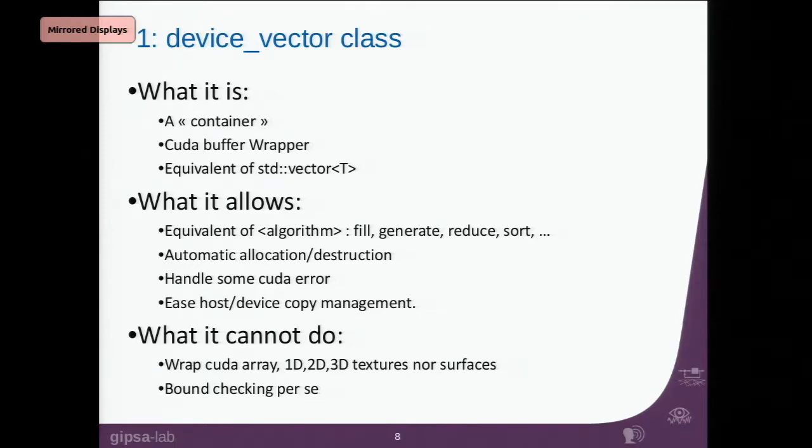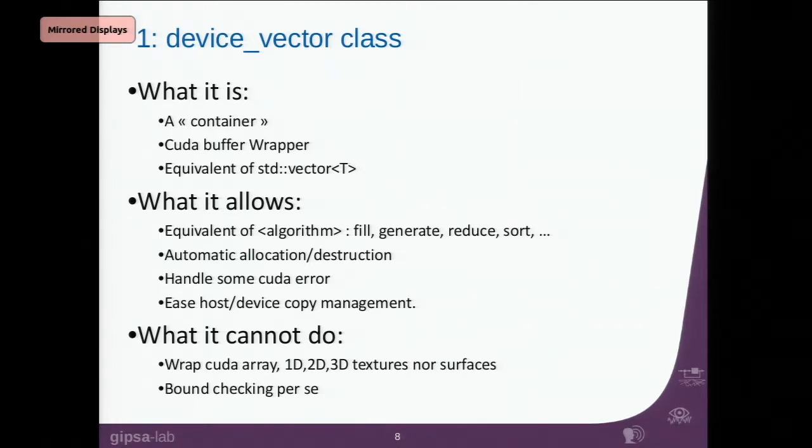What can you do with that? Thrust, along with this device vector class, also provides a lot of algorithms, the same kind of algorithms that you find in the STL when you include algorithm, plus others, like some that are in numeric. It allows you to automate the allocation and destruction process, so you don't have to call cudaFree explicitly, for instance.